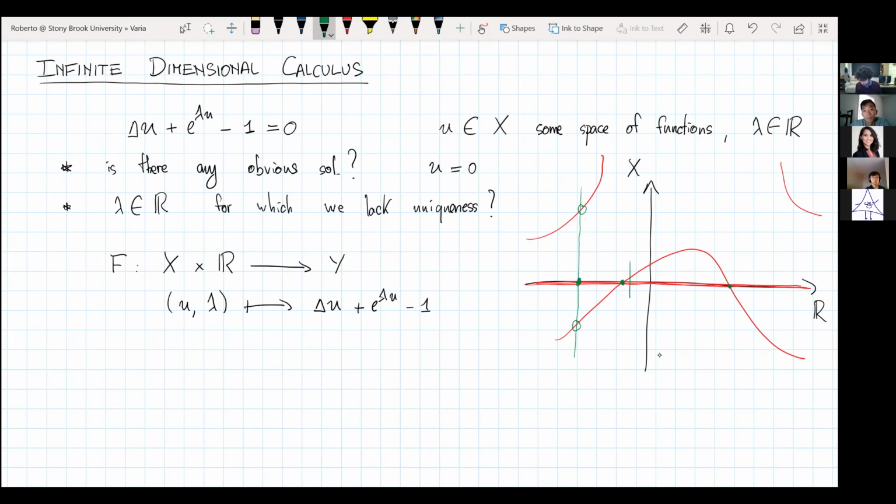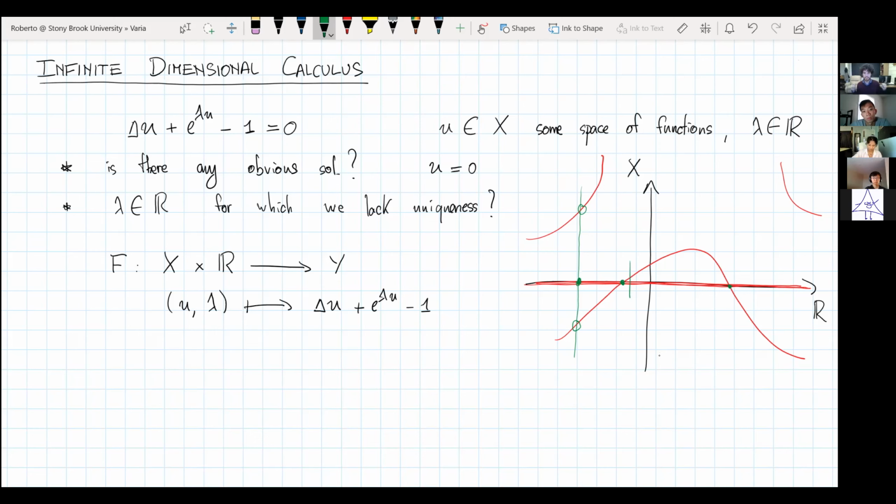And that might remind you of something you learn in calculus, which is the implicit function theorem. It tells you when you can write the zero set of a function as the graph of the other variable in a parameter.